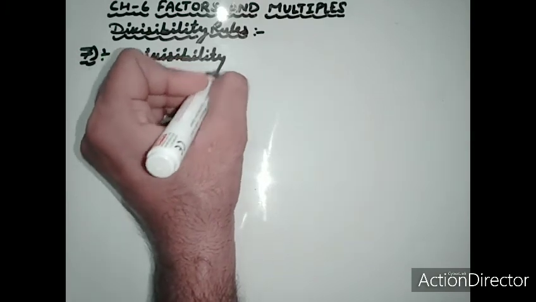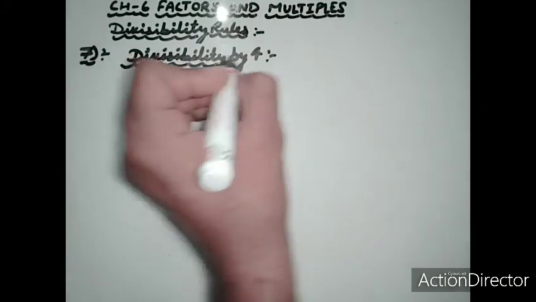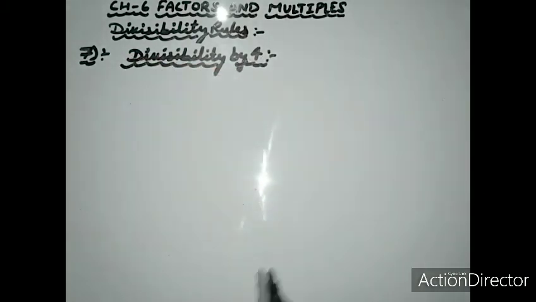Divisibility by 4. Right, so here a number is divisible by 4 if the number formed by its digits in tens and unit places is divisible by 4.